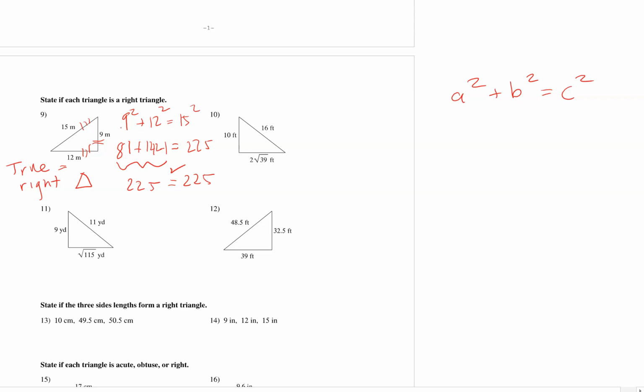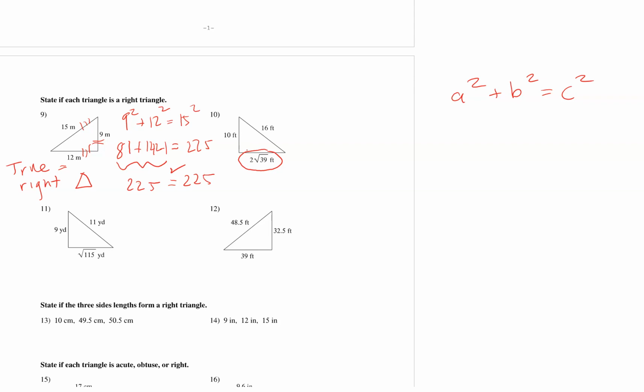All right, let's do one with the radical. And it's exactly the same process. So looking at problem number 10, you're asked to see if the figure is a right triangle, and you need to prove it mathematically. Now, before you do that, there is this number right over here. What people will try to assume is that they see the 39, but they don't account for the radical, and they think that rad 39 is a big giant number. Just test it out, right?